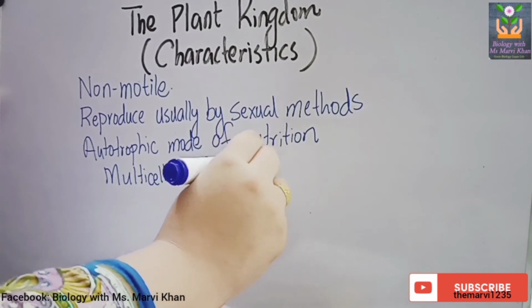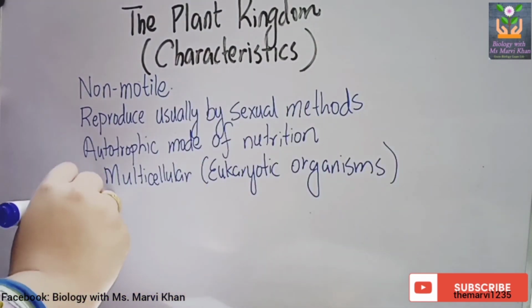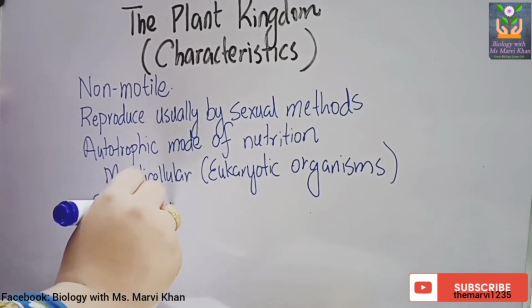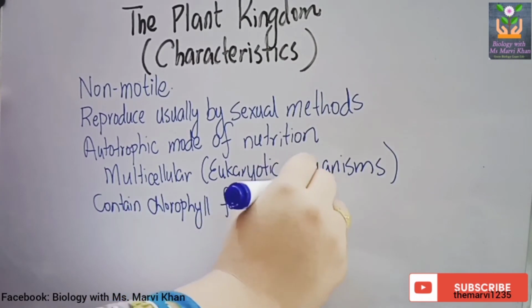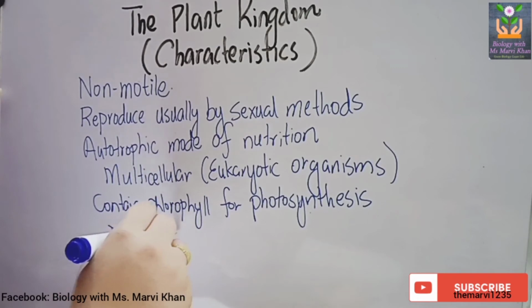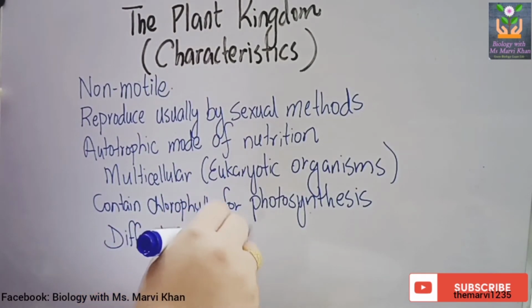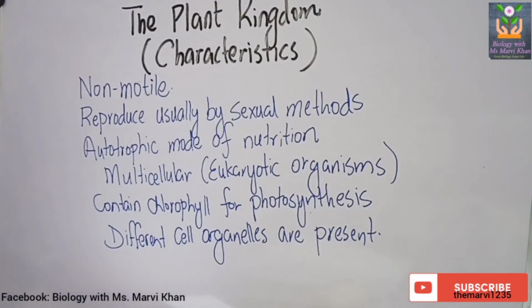They are all multicellular, eukaryotic organisms with cell walls and sap vacuoles. They contain chlorophyll, which is the green pigment, and this chlorophyll helps them to photosynthesize. And they have all basic cell organelles present in them.